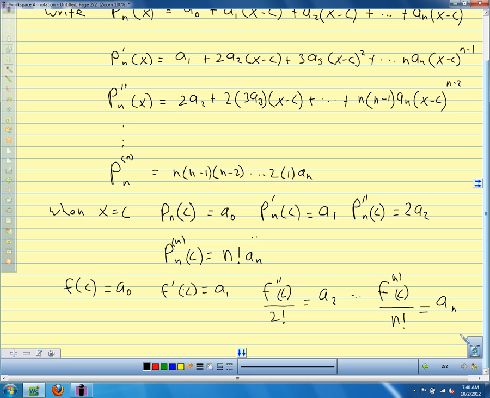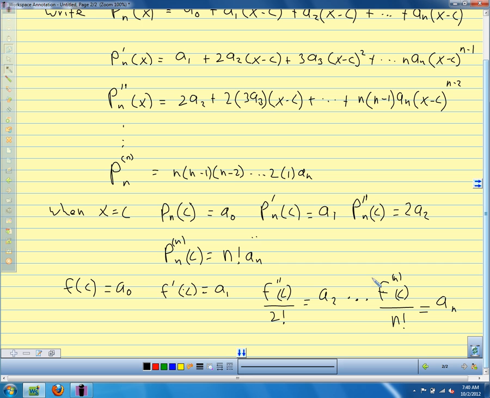So we've equated our polynomial, our derivatives, and our n derivatives, and solved for our a's, a0, a1, a2, etc. So this gives us a process for finding these a values depending on our function. So using this process, we're going to define our nth Taylor polynomial and our nth Maclaurin polynomial.